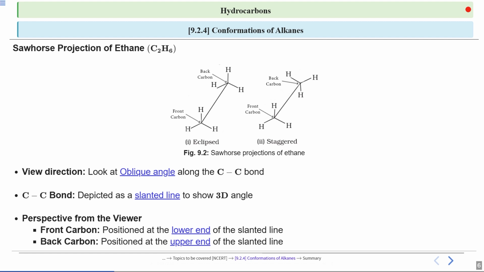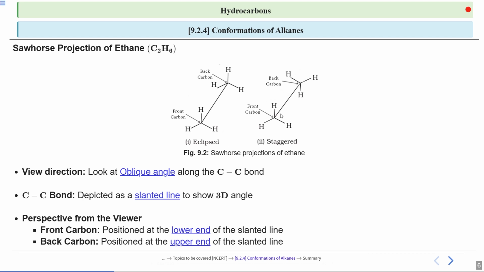I hope you are getting the point. Now here we have two structures. One is for the eclipsed and the second is for the staggered. If you consider the eclipsed one, then along this slanted line, both hydrogens are going upward. You can see clearly that this hydrogen and this hydrogen are going upward.